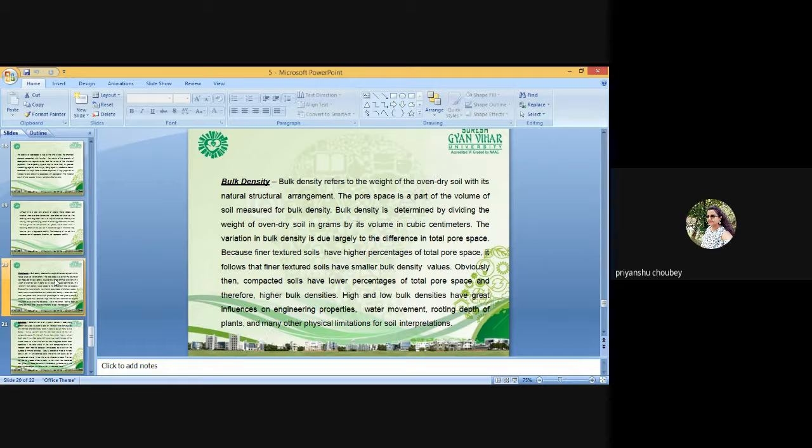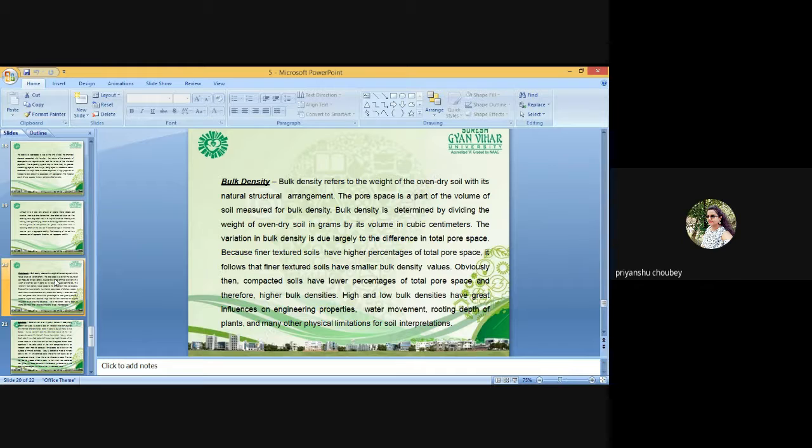Mass wetness, denoted by theta g, is the mass of the water Mw per unit mass of oven dried soil Ms. It is often termed gravimetric water content and expressed as a fraction or percentage.